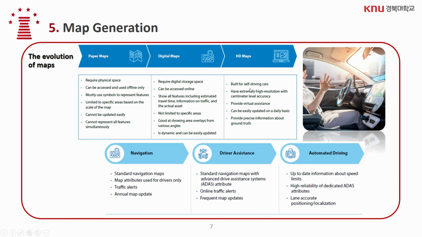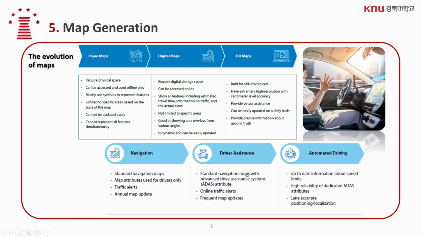HD maps are mainly built for self-driving cars. They have extremely high resolution with centimeter-level accuracy, provide virtual assistance, can be easily updated on a daily basis, and provide precise information about ground truth. Considering the stages of maps: navigation, driver assistance, and automatic driving. In navigation, we use standard navigation maps, with map attributes used for drivers only, traffic alerts, or annual map updates.